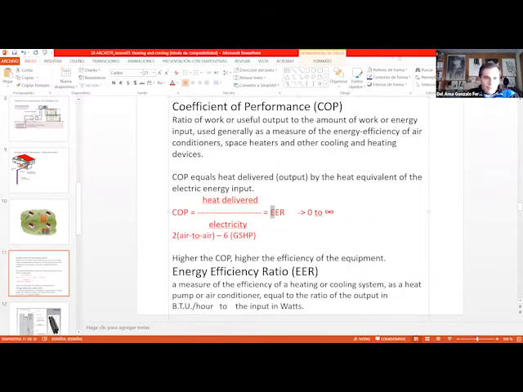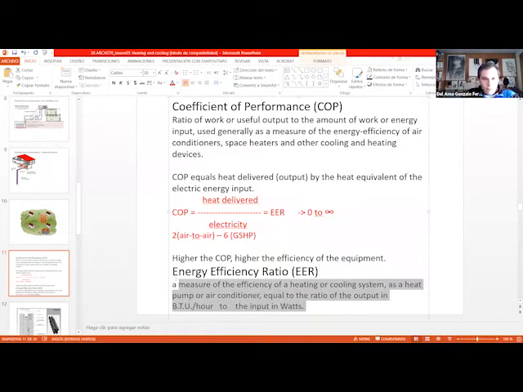The energy efficiency ratio is the same, it's the heat delivered divided by the electricity, but here we have the same units. We can talk about BTUs and BTUs, or kilowatt hours and kilowatt hours. But here we are talking about BTU per hour divided by watts.